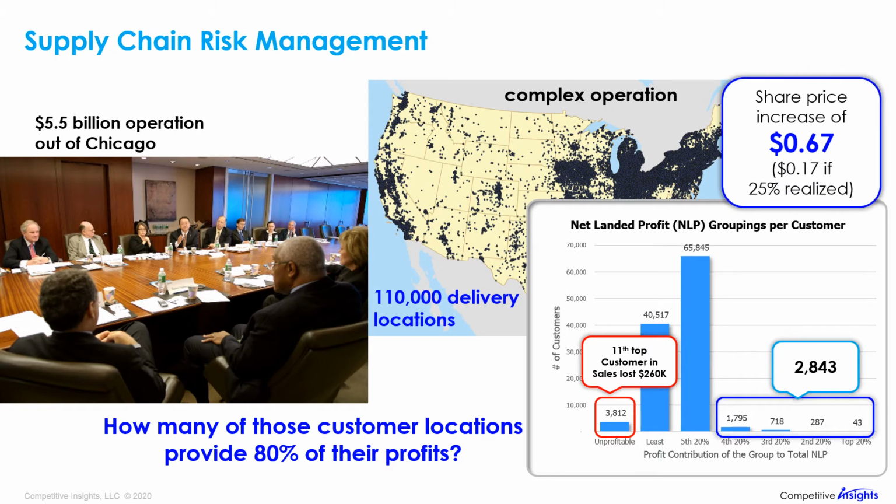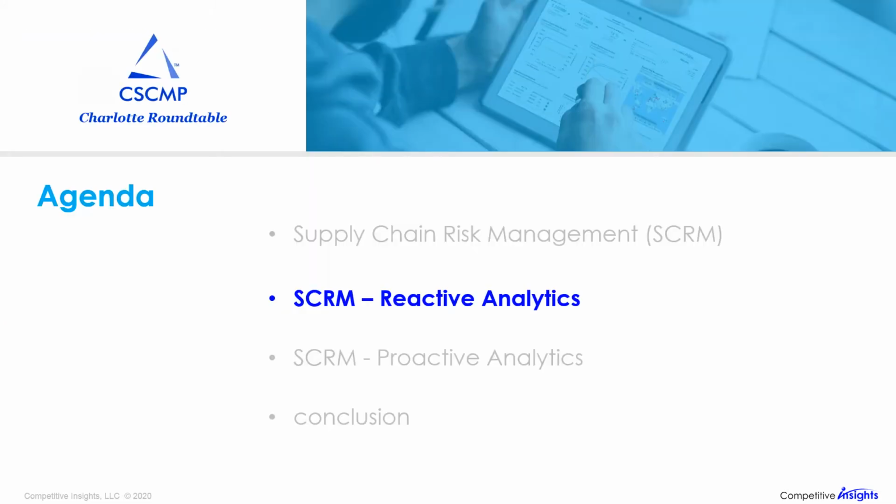And this is not atypical of what we see within companies for their customers and their products. And the whole idea is to be able to have this information in a way that is accurate and trusted and repeatable, to be able to make strategies that are effective in managing the supply chain, including supply chain risk.